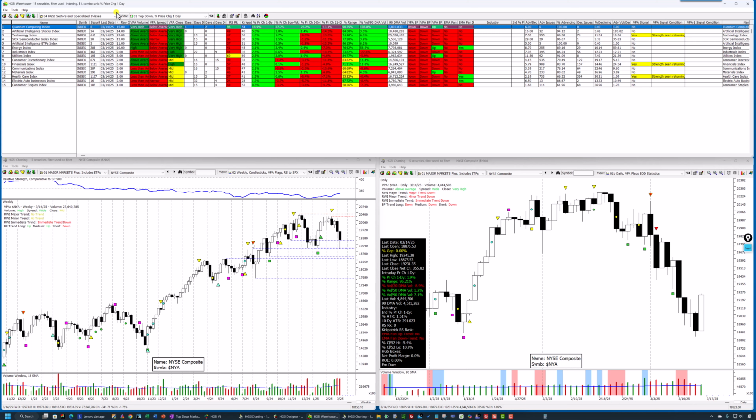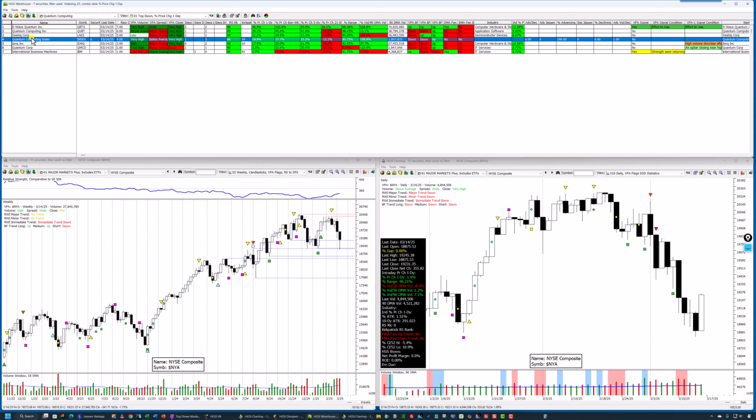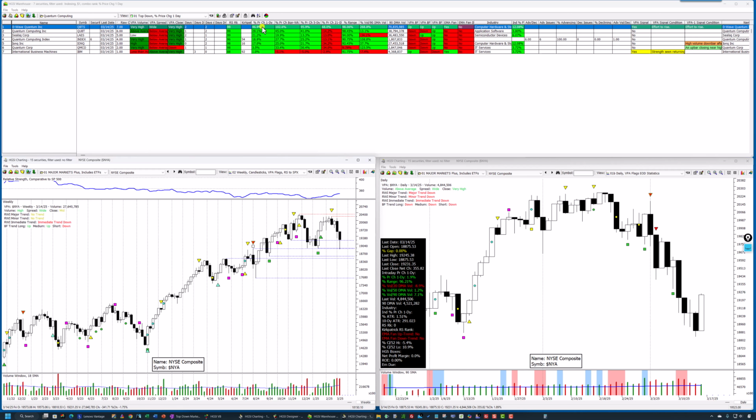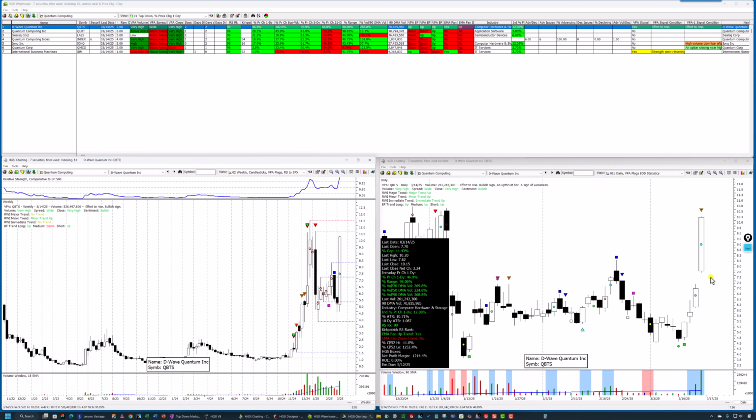This is what I have, but if you go down into the indexes, you can see what's in there, and you can see that D-Wave was up 47%, and you can see that it was coming up back here with a volume pocket pivot. It also had the no supply strength coming in, effort to rise here, and then the big gap up yesterday.